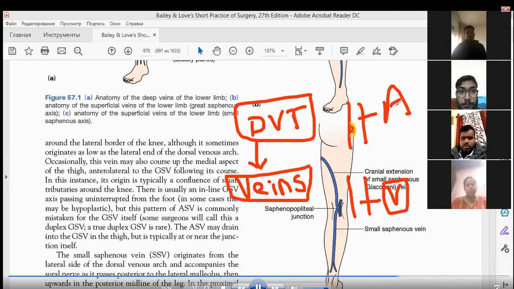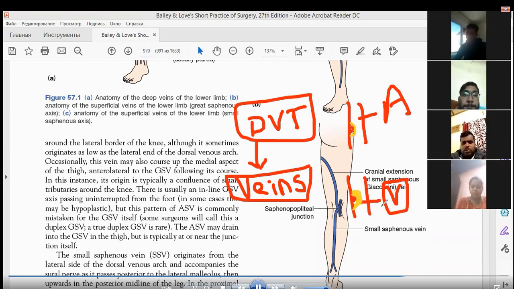But if there is thrombus formation in the veins, there will be less accumulation of platelets, but more accumulation of fibrin. See, more fibrin is forming in the veins. So this is a very important point which you must all be clear about.